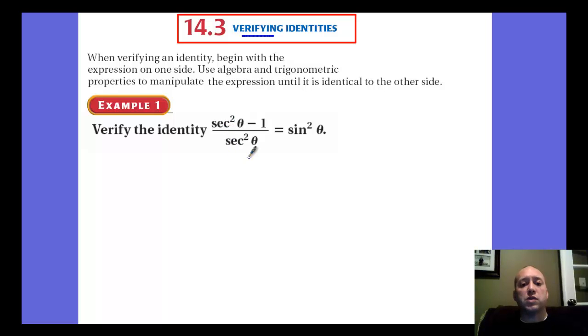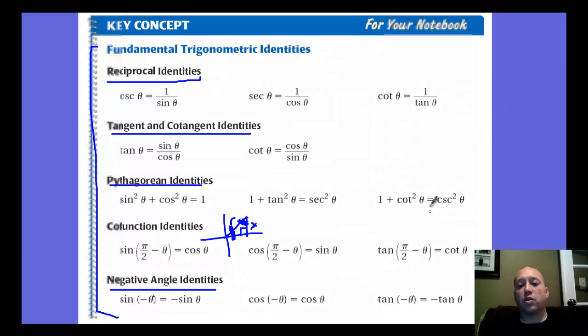So I would probably choose this left-hand side because there are more operations occurring here, so I see more of the trig identities. And so like secant squared theta minus 1, that's something I have an idea what that is. And if you don't, you need to pull up your trig identities here, here's our secant squared theta.